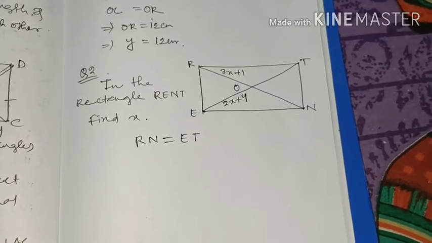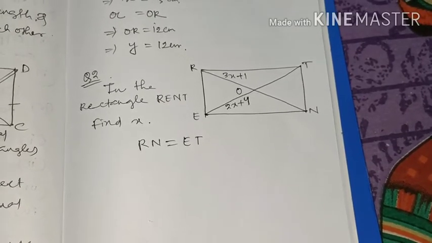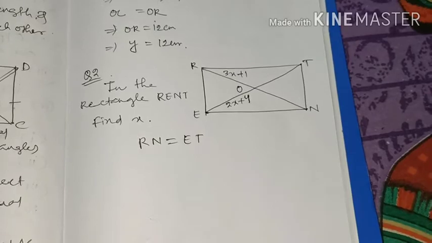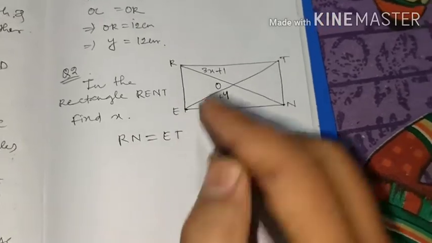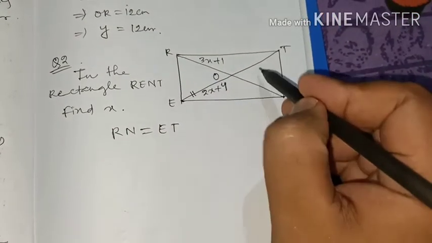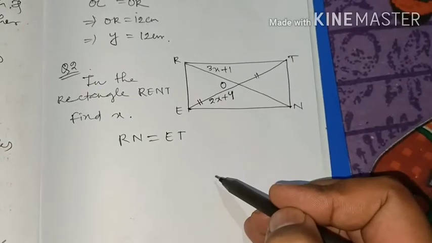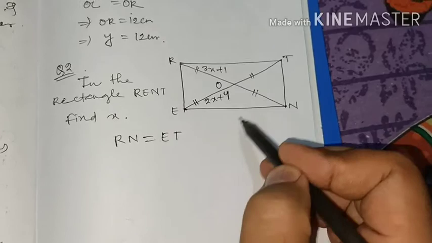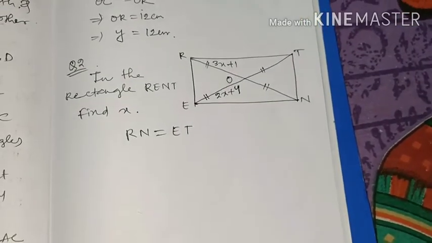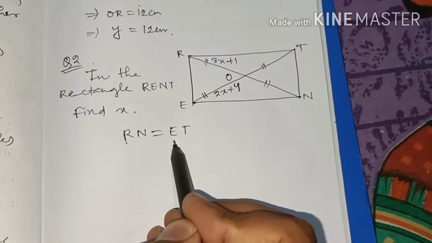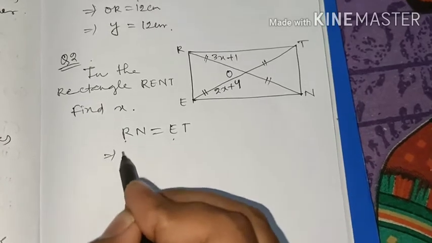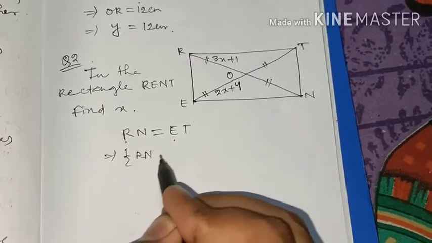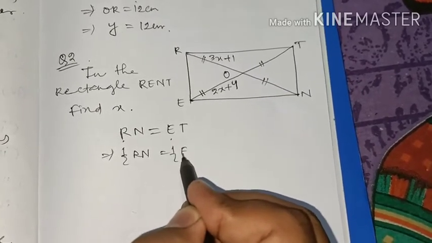Again, you know that a rectangle is a type of parallelogram, so the diagonals bisect each other. Here OE is equal to OT and RO is equal to NO. So first of all, we can write RN is equal to ET, so you can also write half of RN is equal to half of ET.